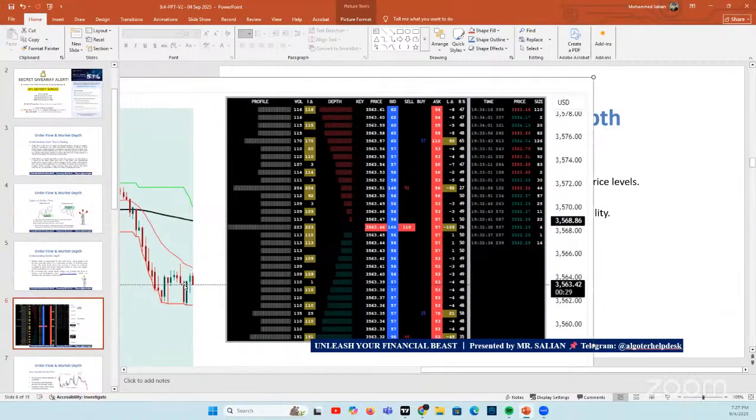So at that time, if you want to enter and take advantage, what are your confirmations? You are under the 200, you are under the 50. This is my 50 moving average, for example. So what is the logical thing to do, buy or sell? Of course, sell. But now you have this order book. Now you see there is 97 here in blue, 92 in red, 25 in blue.